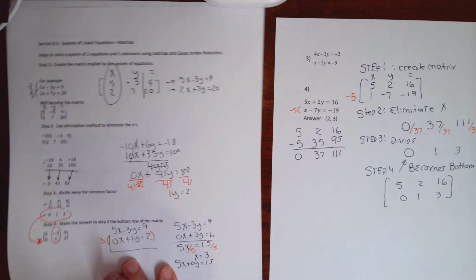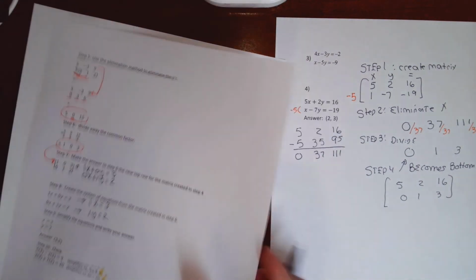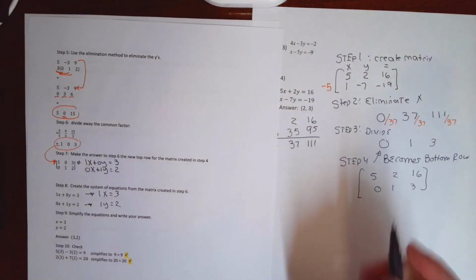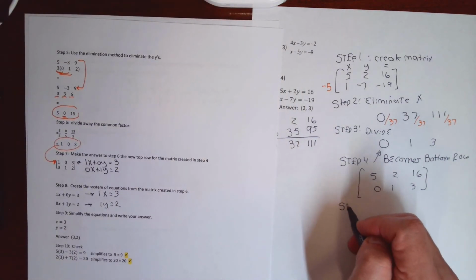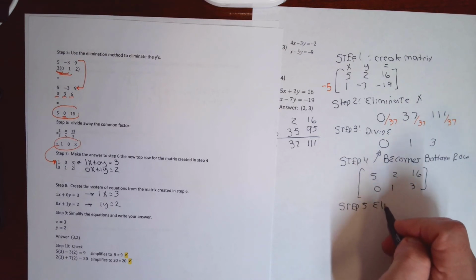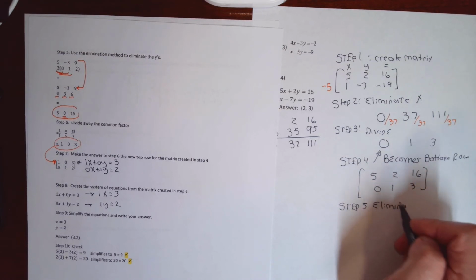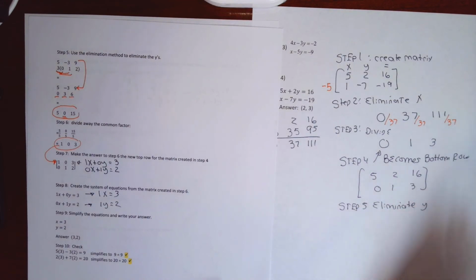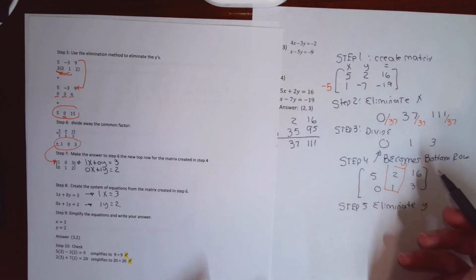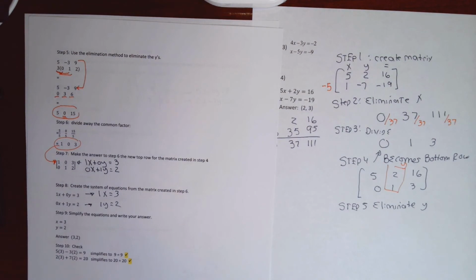Done with step 4. On to step 5, which is eliminate the y's. This is my y column. To eliminate the y's, I need to get the numbers in that column to be opposites.